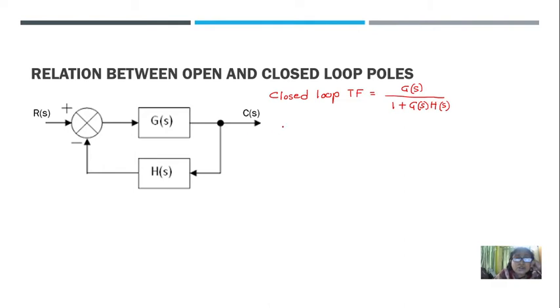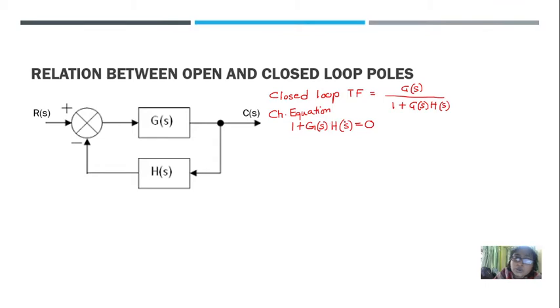Again, if we take 1 plus G(S)H(S) and equate it with 0, it gives us the characteristic equation. Okay. So 1 plus G(S)H(S) equal to 0. If you solve this, the roots of this equation are nothing but the closed loop poles.